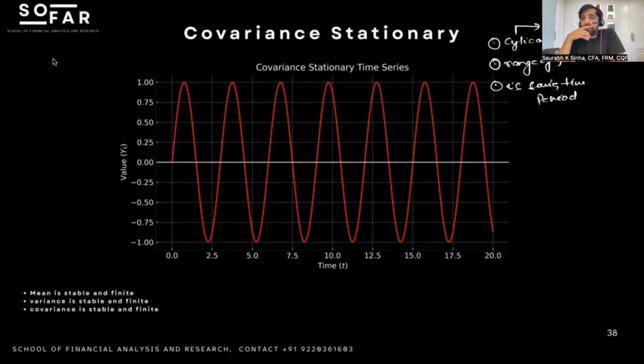It is mean reverting. It can only be mean reverting if its mean is actually constant and finite. It's stable and finite. This is that line, this is the long-term mean. This is stable, constant, and finite. It is not infinite.